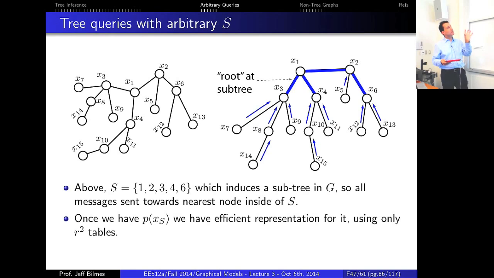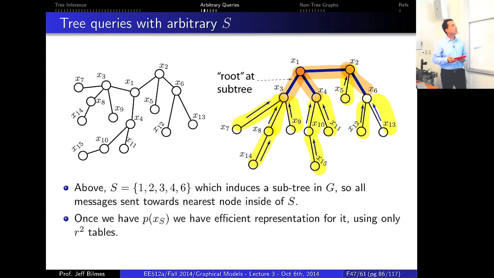And so we root it at the subtree, and then we start sending messages to that subtree. Sending messages to the subtree means that we start away from the subtree and send these messages, and we abide by the message passing protocol. So what we're left with is a marginal over this subtree.